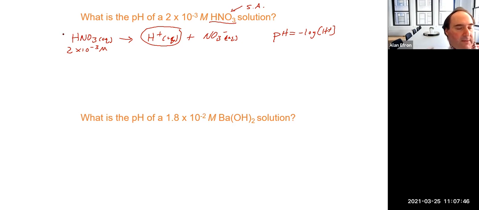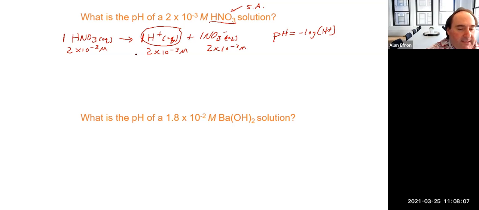So if you remember when we talked about concentrations, you could kind of do it like stoichiometry. It's a 1-to-1 relationship here, which means the concentration of the H plus should be 2 times 10 to the minus 3. By the way, it's a 1-to-1 relationship for this guy as well, although we don't really need him in this problem.